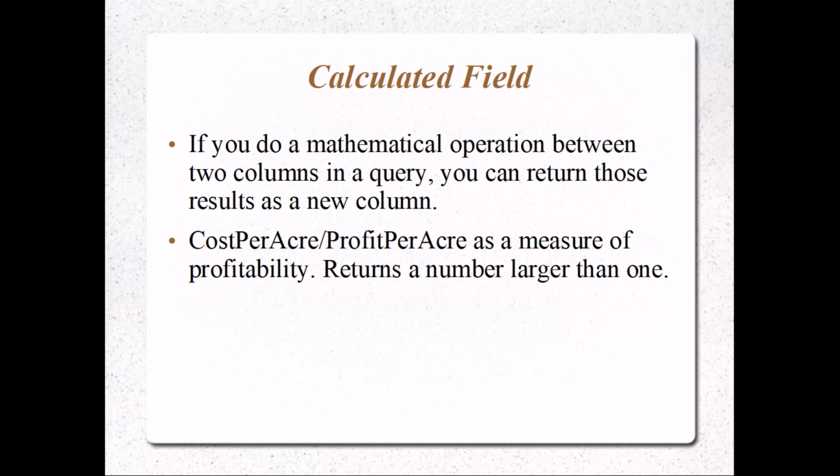And we're going to do cost per acre over profit per acre because those are the only 2 numbers we have. It's going to be a measure of profitability, just theoretically. And that value will appear for every row in its own separate column.